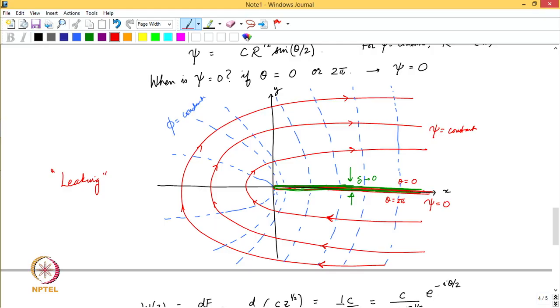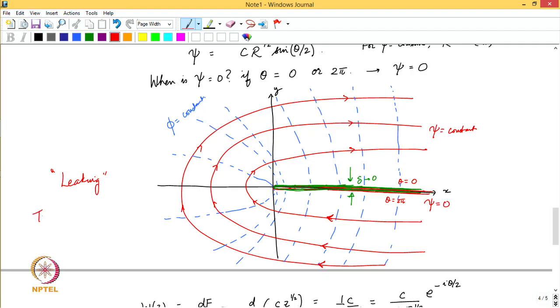Now, where do we see this type of behavior? This is typical of what you see in aircraft wings. That is the simplest example that I can give, and especially what I mean is near the tips of these wings.